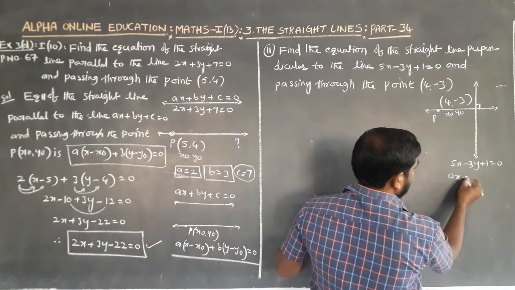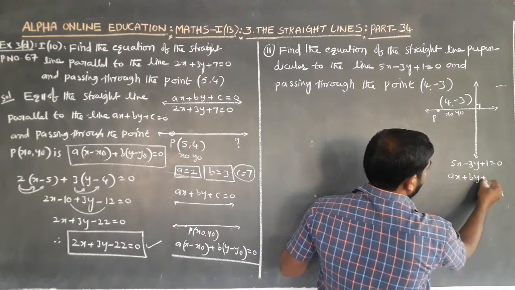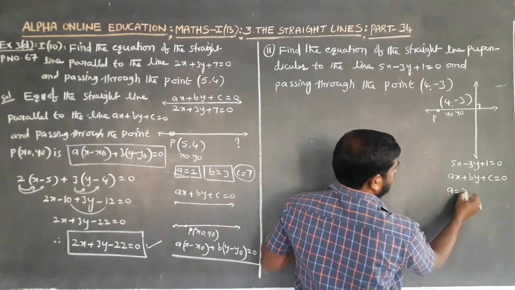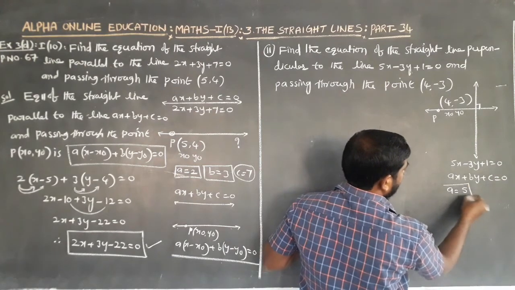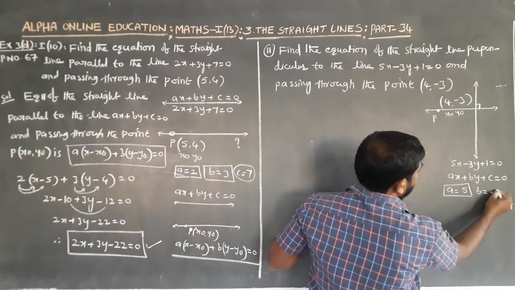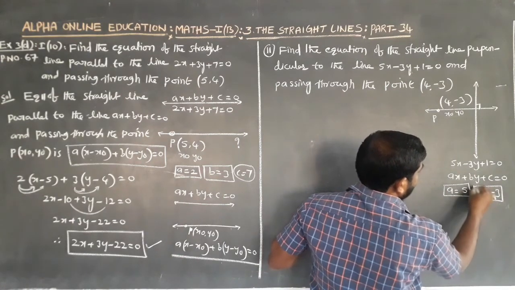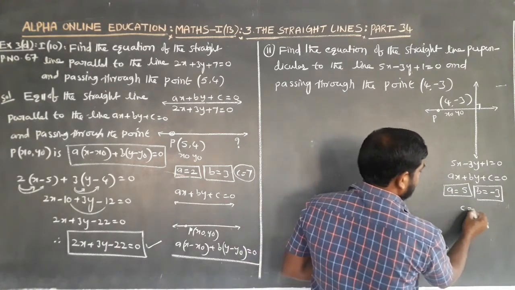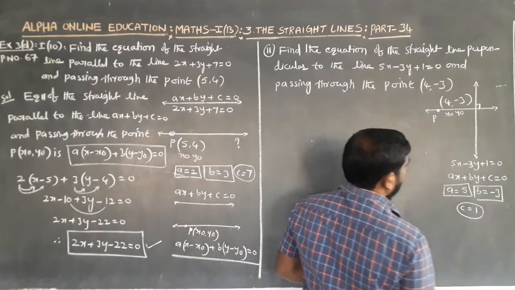Let the equation of the straight line be ax plus by plus c is equal to 0. Here a is equal to 5, b is equal to minus 3, c is equal to 1.